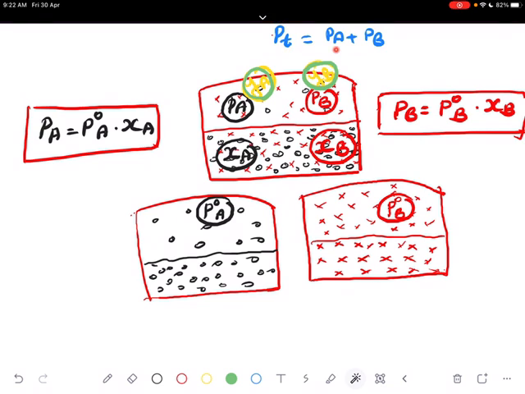Pt is equal to Pa plus Pb, that is according to Dalton's law. And Pa is equal to Ya P total.